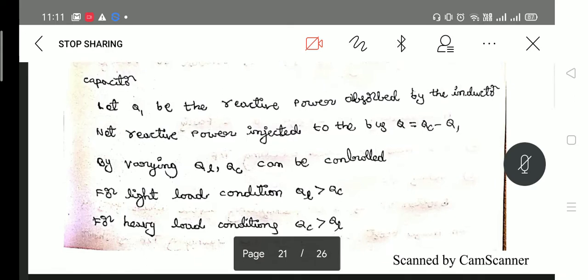By varying QL and QC we can control the SVC system. For light load condition, QL is greater than QC, and for heavy load conditions, QC is greater than QL.